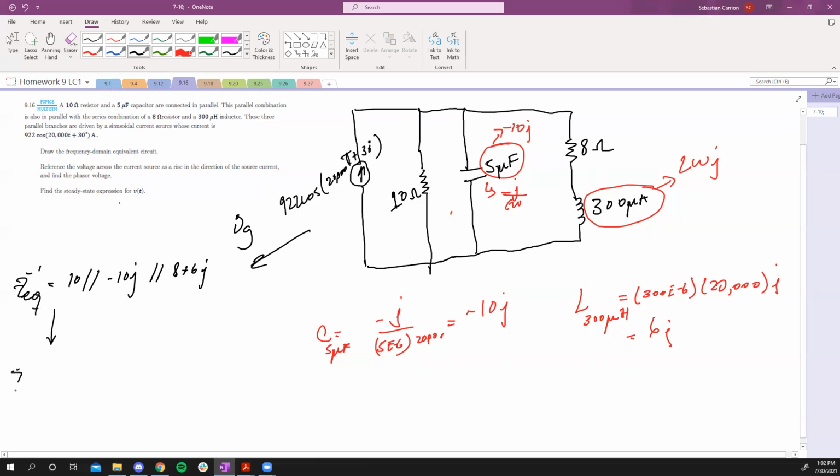The Z equivalent would be 1 over 10 plus 1 over negative 10j plus 1 over 8 plus 6j.